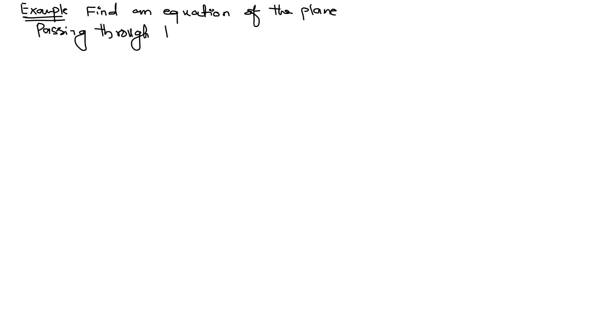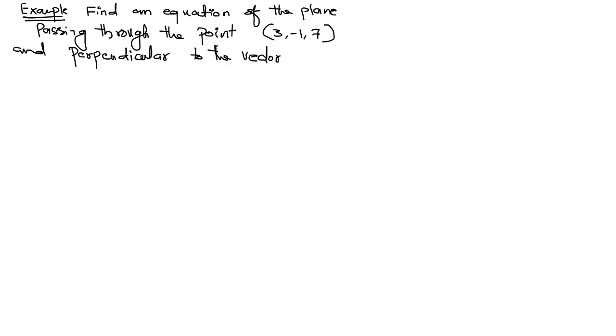The example is: find an equation of the plane passing through the point given 3, -1 and 7, and perpendicular to the vector n, which is given, that is 4, 2 and -5.